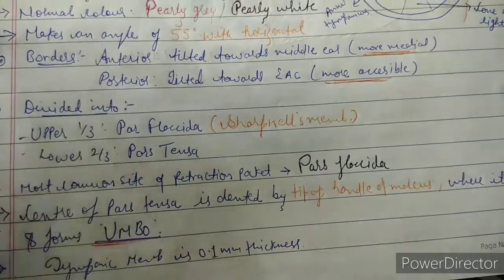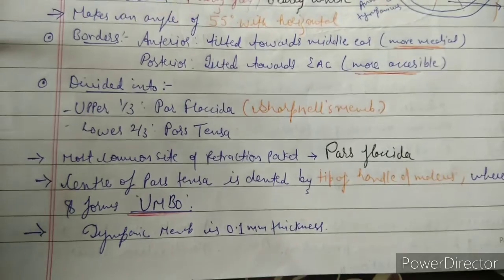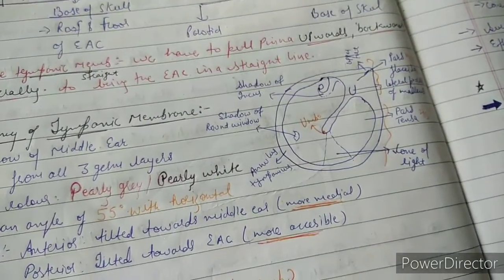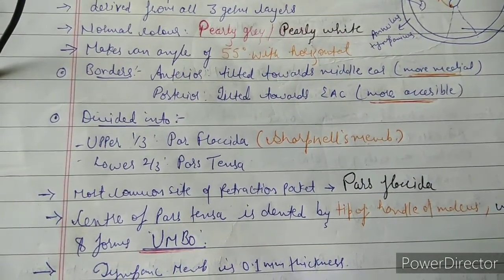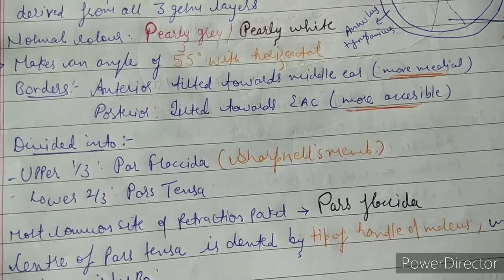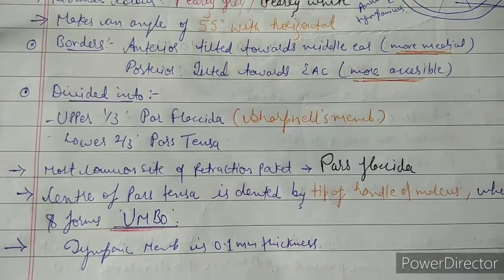Now it is divided into the upper 1/3 pars flaccida, also known as Shrapnell's membrane, and the lower 2/3 part known as pars tensa. I have shown you that in the picture also. The most common site of retraction pocket is the pars flaccida. Guys, retraction pocket means where it dips down. Pars flaccida is loose, so it is the most common site of retraction pocket.